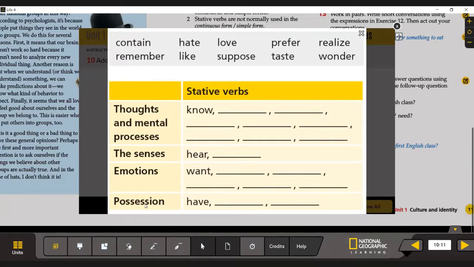Esto es tarea, pero no cuenta. Es tarea para que ustedes practiquen y sepan identificarme todos estos stative verbs, porque todos son stative. Y les va a ayudar para identificarlos, para que lo puedan hacer en el examen, para que llenen esta tabla y para que les quede el conocimiento a ustedes.